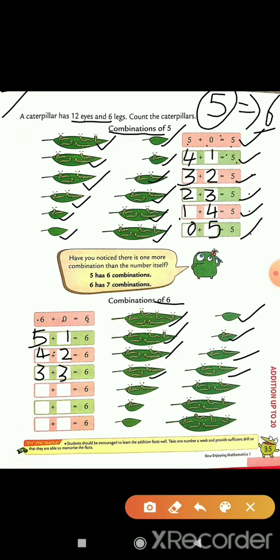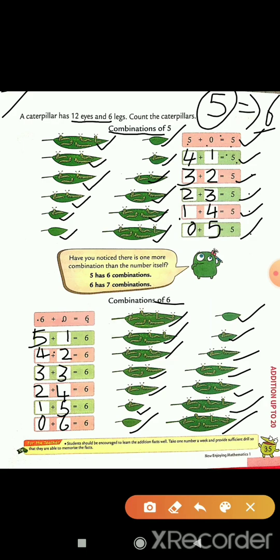So 3 plus 3 is equal to 6. 2, 4. So 2 plus 4 is equal to 6. 1, 5. So 1 plus 5 is equal to 6. 0, 6. So 0 plus 6 is equal to 6.